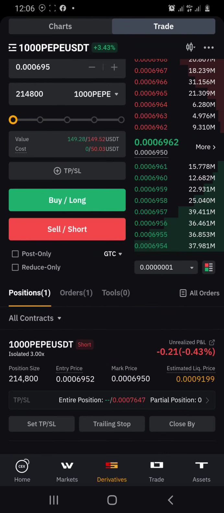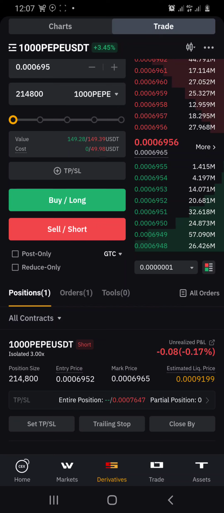If you check now, you see that my trade is on negative. Okay, well, we're just using it for illustration purposes. I'll close the trade now, because I'm not trading Pepe again, because I'm already on the trade.